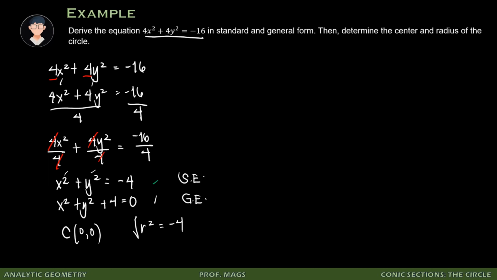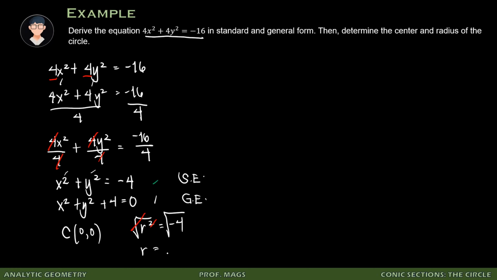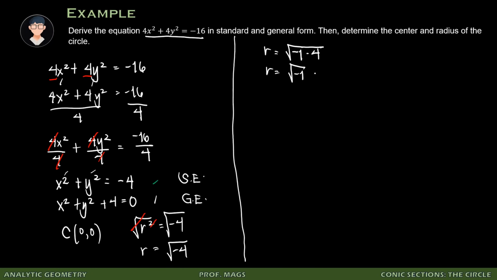So if we square root both sides of the equation, maka-cancel out yung square. So we will be left with r is equal to the square root of -4. So r is equal to the square root of -1 times 4. So r is equal to the square root of -1 times the square root of 4.